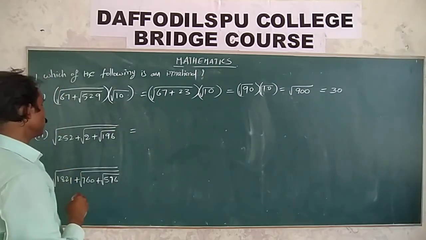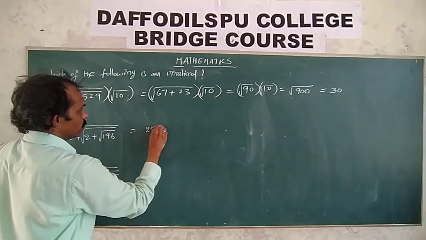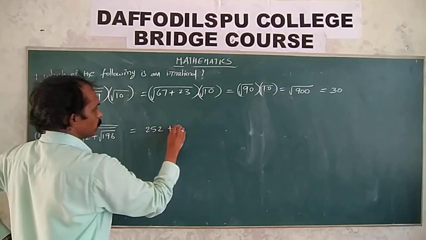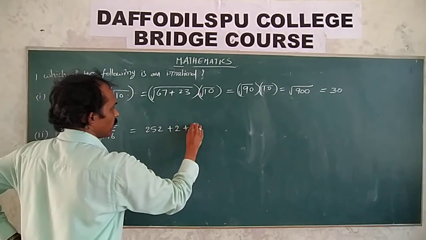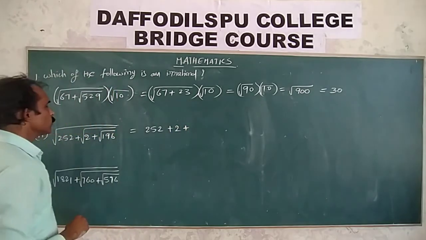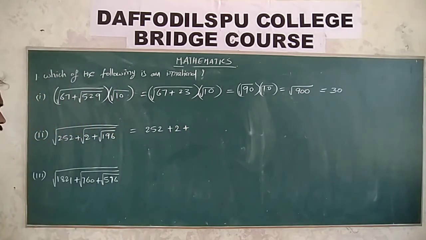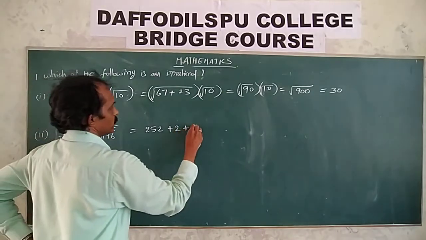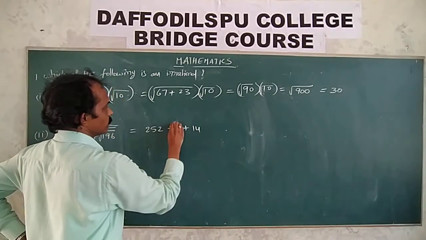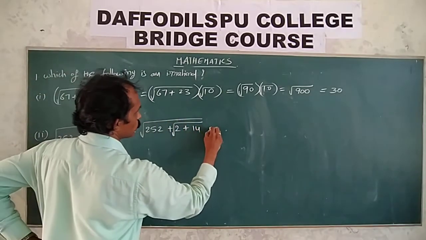Then 252 plus root 196. What is the exact value of 196? That is 14 under square root.